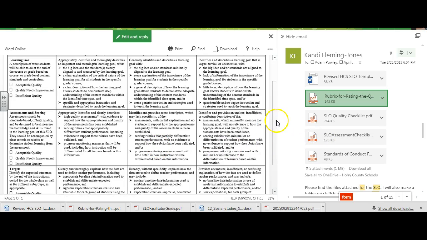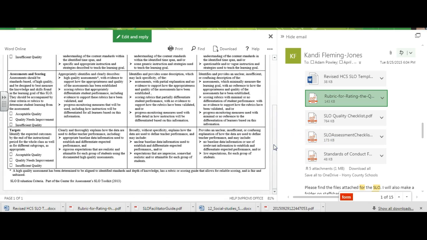And the last part clearly and thoroughly explains how the data are later used to define teacher performance, include appropriate baseline data information used to establish and differentiate expected performance, and rigorous expectations that are realistic and attainable for each group of students using documented high quality assessments.